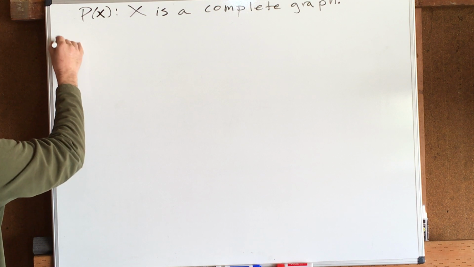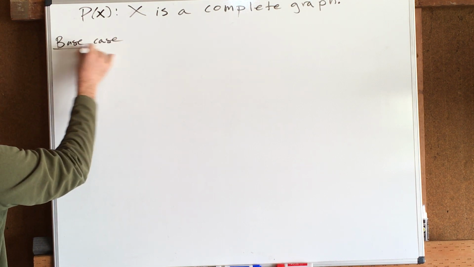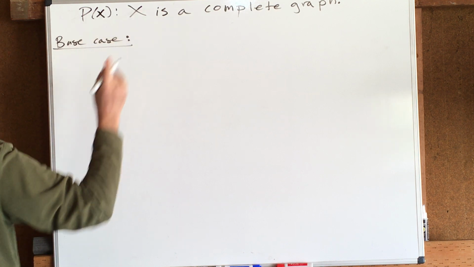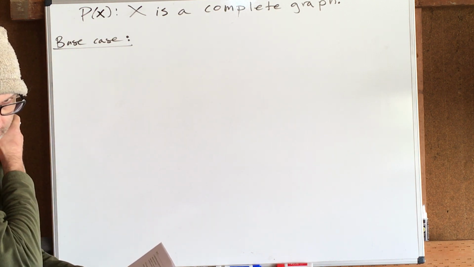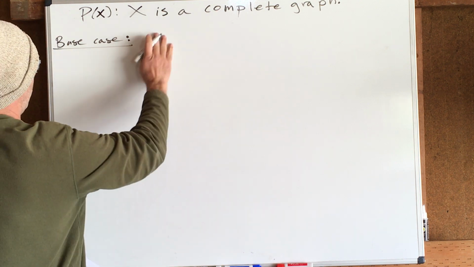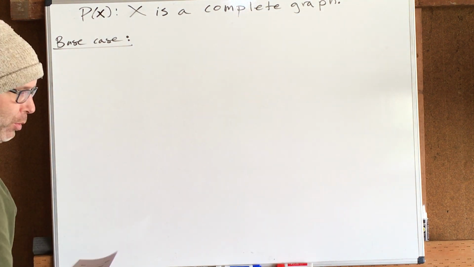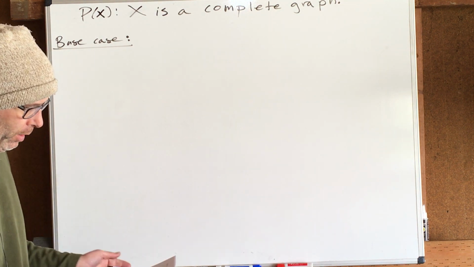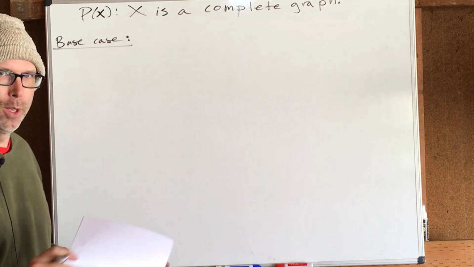All right, so we're proving this for the initial case of our recursively defined set S. The initial case starts with a single vertex. Remember what a complete graph is. A complete graph is the graph that contains all possible edges.